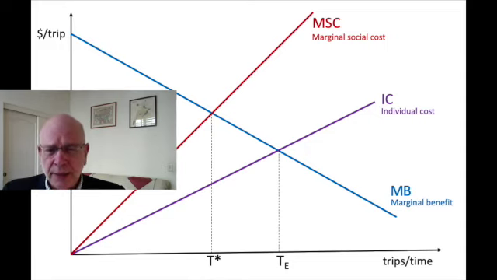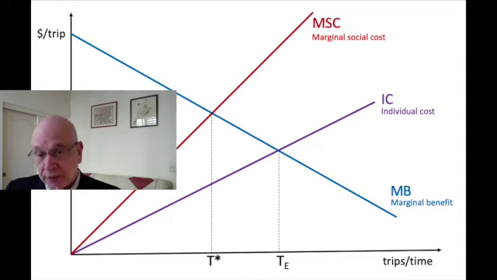The E indicates equilibrium, and T is the traffic flow. The equilibrium traffic flow is going to be at that point where the marginal benefit of an additional trip is perceived by that driver on the margin, right? Not on the margin of the road, but on the margin of the analysis.